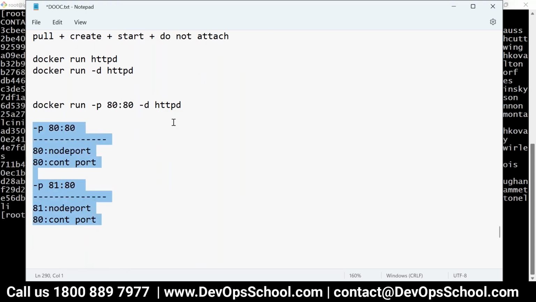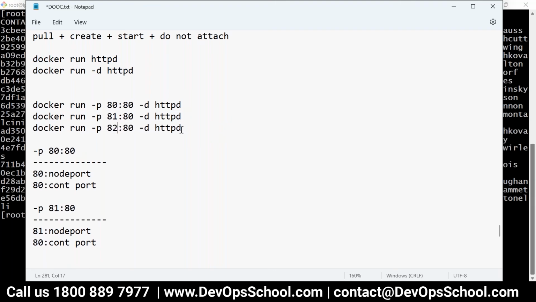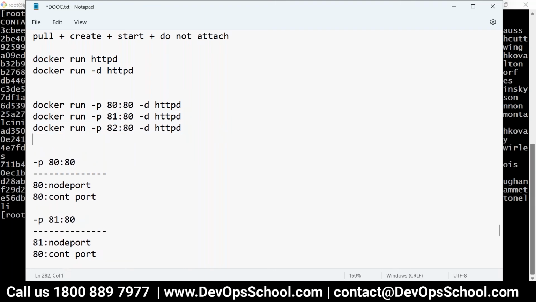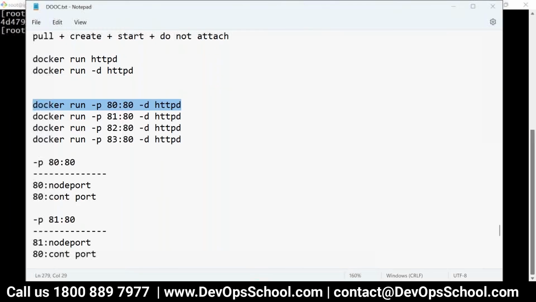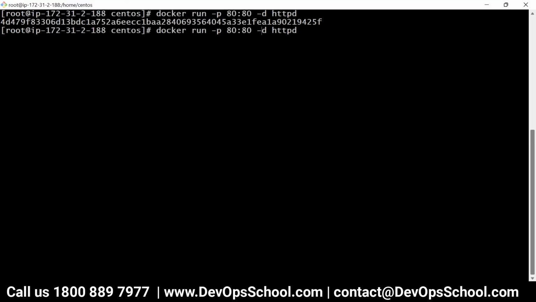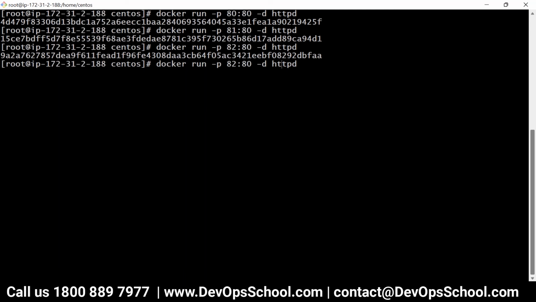So what should I do in order to access this container? 80, 81, 82, 83, and so on. You can do that, guys. So can I run it quickly in front of you? So here, this is 80, this is 81, this is 82, this is 83.